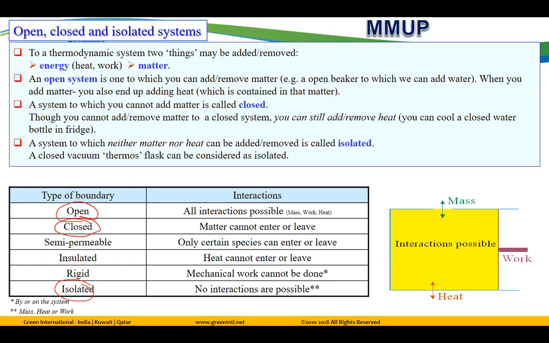So for the 3 main classification, what is the difference between open, closed, and isolated? We will define the three, and we will make a comparison between the three for two things: mass transfer and heat transfer.